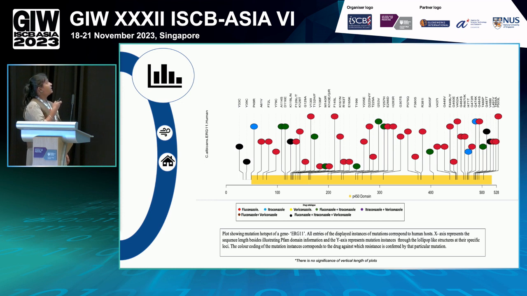And this mutation in this protein will make this pathogen resistant against this drug, which is shown by the black color here. The color black means fluconazole, itraconazole, voriconazole. These are 3 antifungal drugs commonly used against this pathogen.